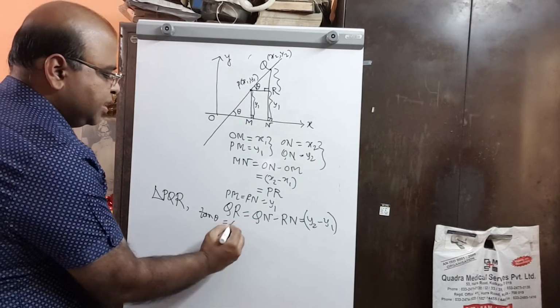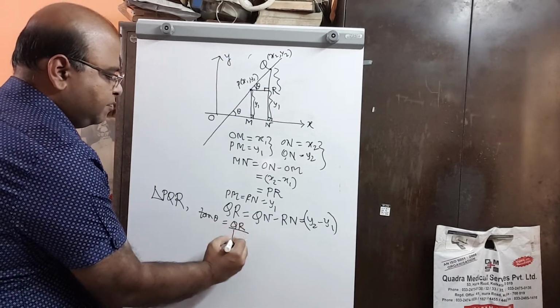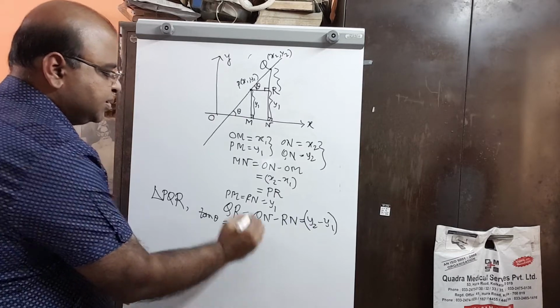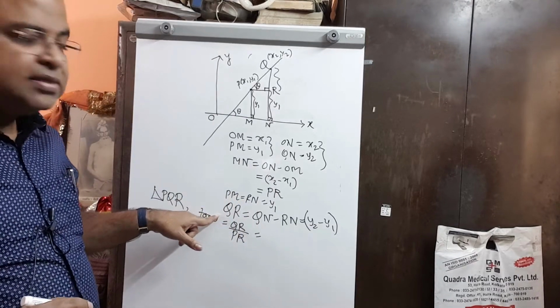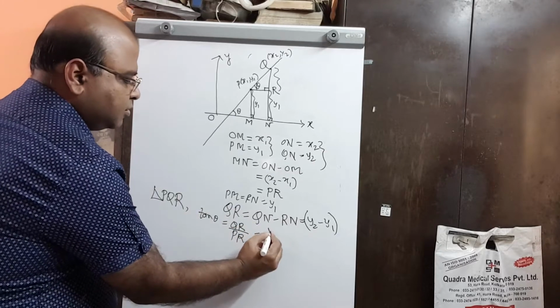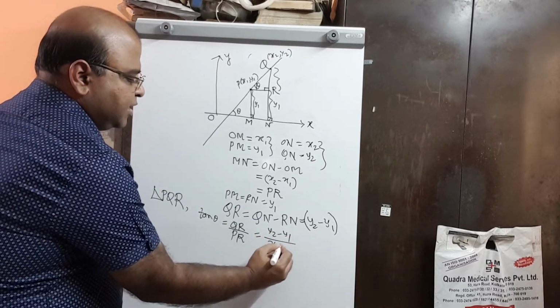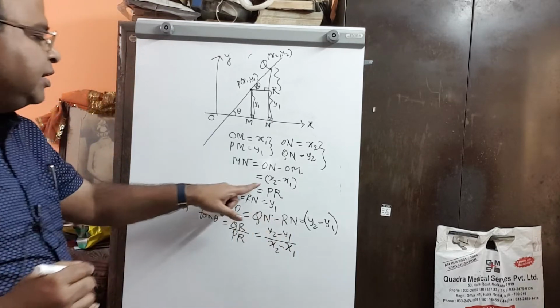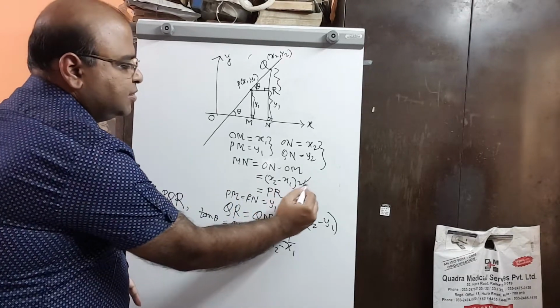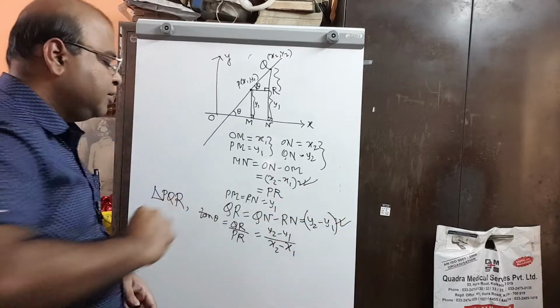Upon substituting their values, QR is y2 minus y1 upon PR, which is x2 minus x1. This is the value of PR, x2 minus x1. This is QR, y2 minus y1.